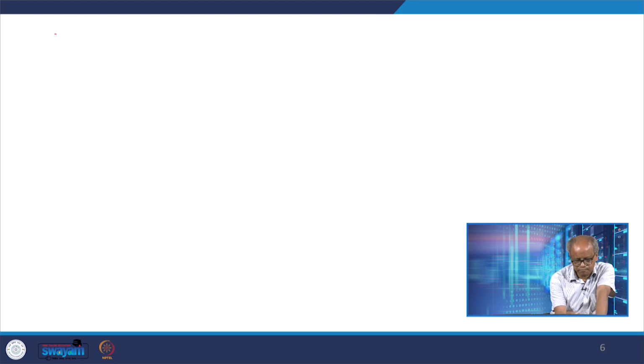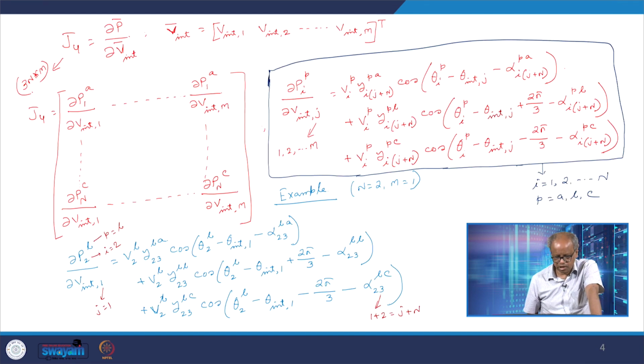For J8, there is no need to write it down because J8 would be identical to J4. The only thing is that this cosine term would be replaced by sine. Other than that, it is almost the same.